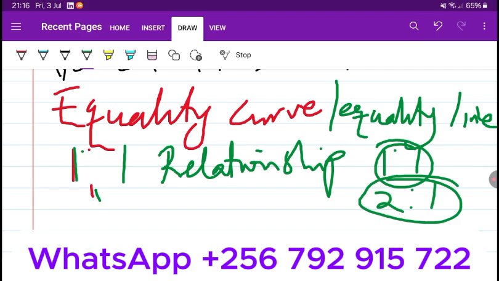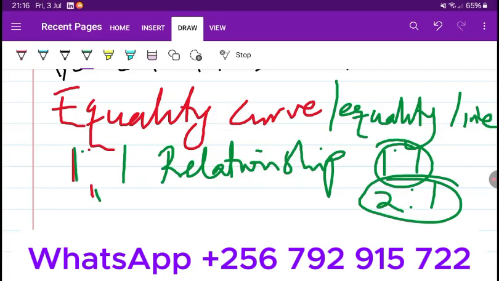So we want to look at the curve on both, because the Lorenz curve gives us the proportion. When we are looking at these proportions, we want to make sure that the first proportion is equal to the second proportion, or we want to determine whether the second proportion is bigger than the first.